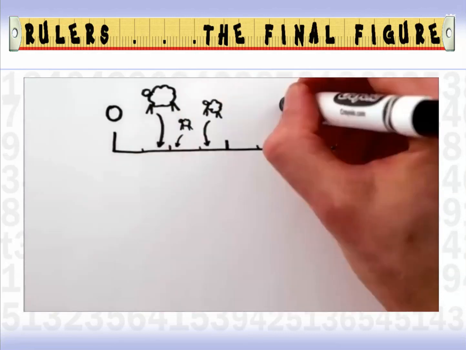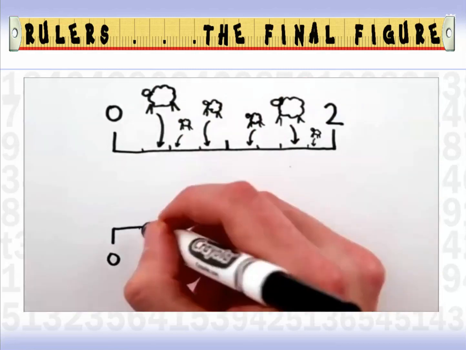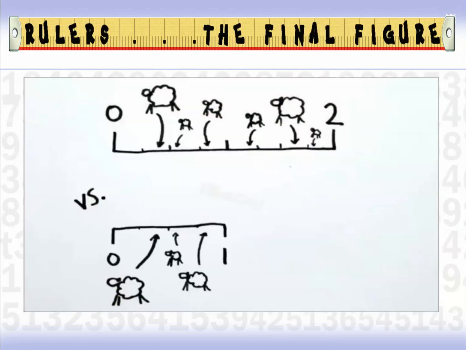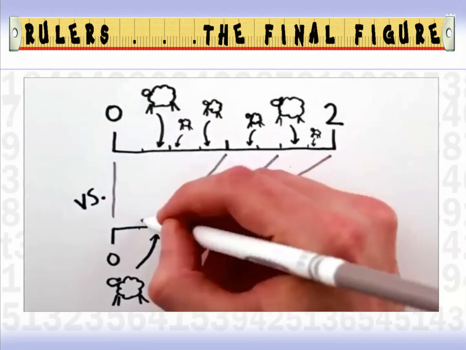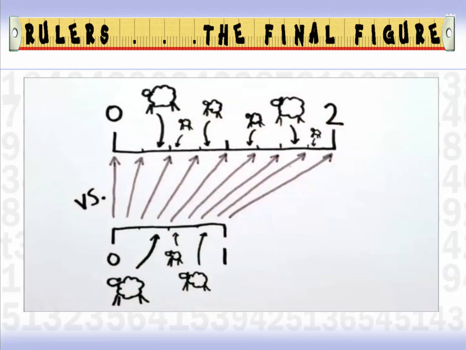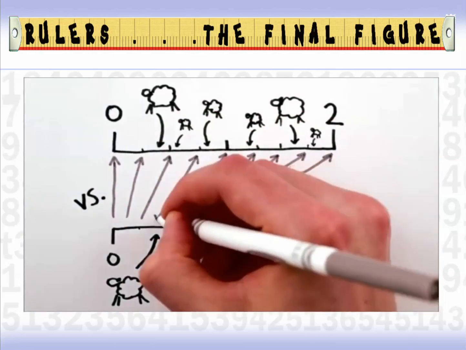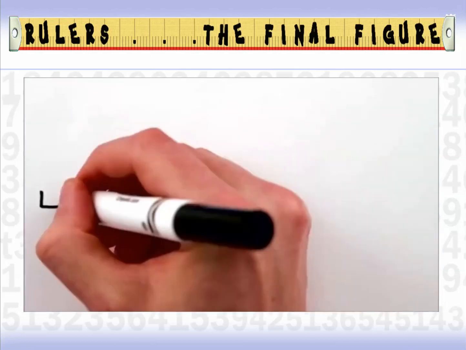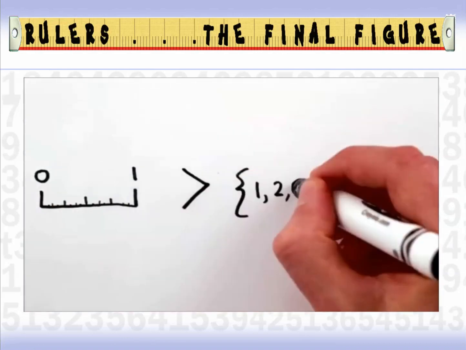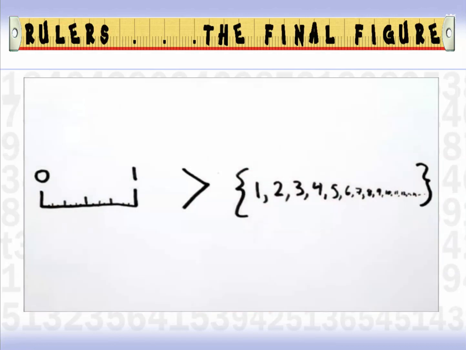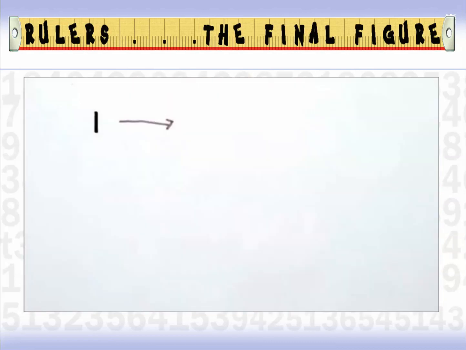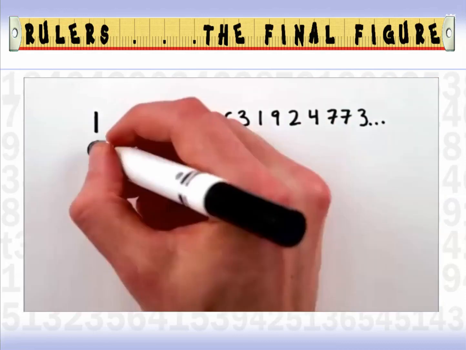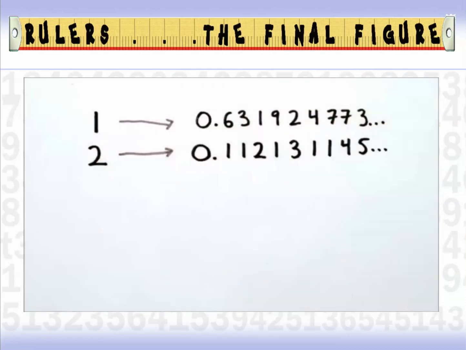Like, if you had a sheep for every number between 0 and 2, would that be more sheep than if you had one for every number between 0 and 1? Nope, because you can relate every number between 0 and 1 to its double, giving you every number between 0 and 2. And if you want to undo, you can just divide every number between 0 and 2 in half to get back all the numbers between 0 and 1. But there are more real numbers between 0 and 1 than there are in the infinite set of integers 1, 2, 3, 4, and so on. How on earth do we know this? Just draw some lines. For 1, draw a line to a number between 0 and 1. And for 2, draw a line to another number between 0 and 1. For 3, draw a line to a number between 0 and 1.